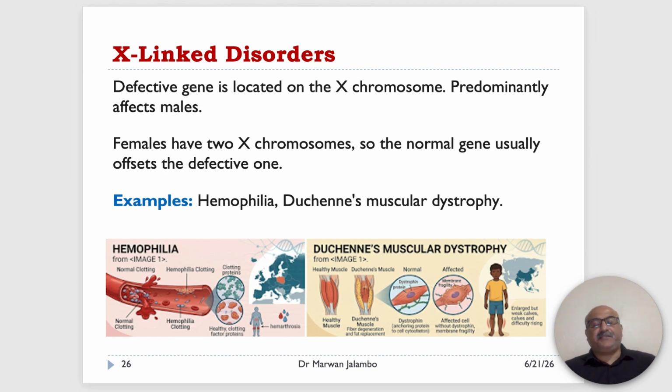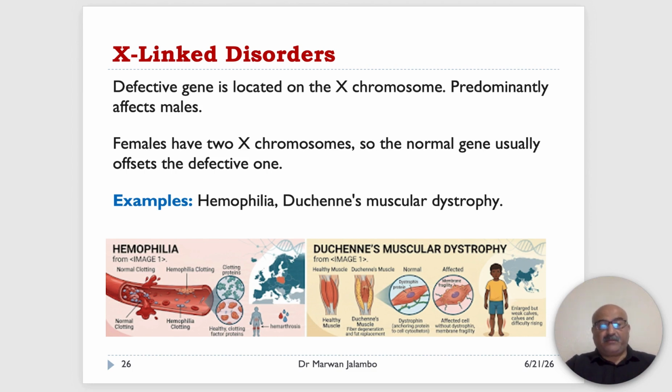X-linked disorders. The final major inheritance pattern involves the sex chromosomes. In X-linked disorders, the defective gene is located specifically on the X chromosome. Because females have two X chromosomes, a healthy gene on one usually offsets the defective gene on the other.